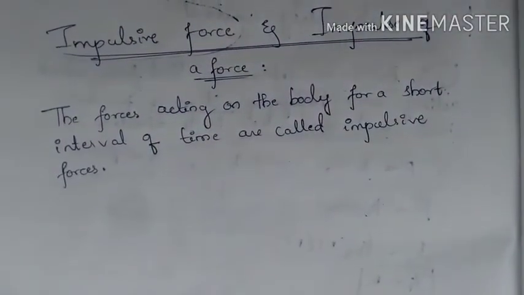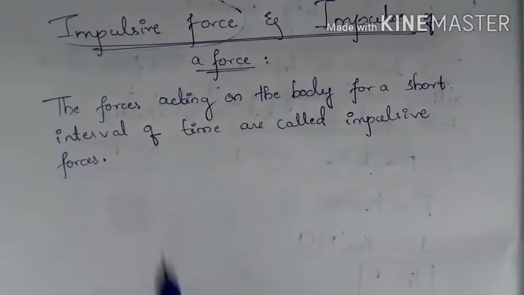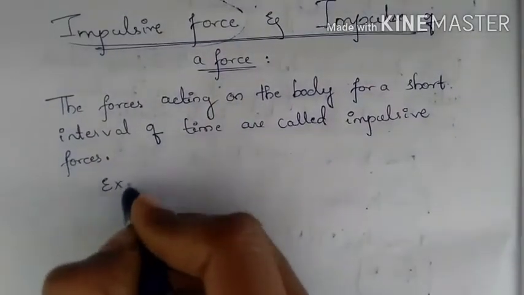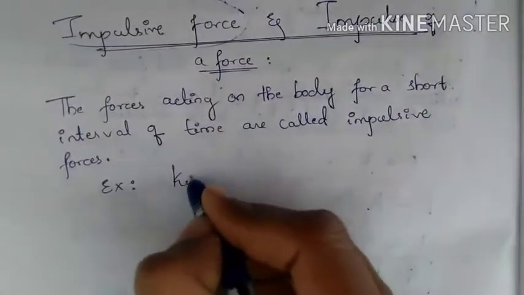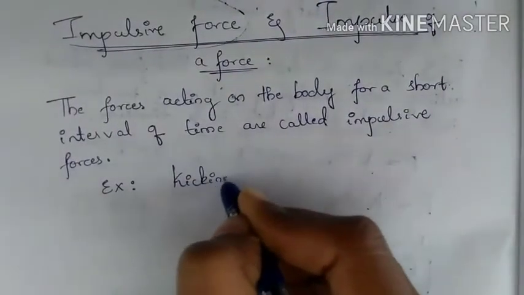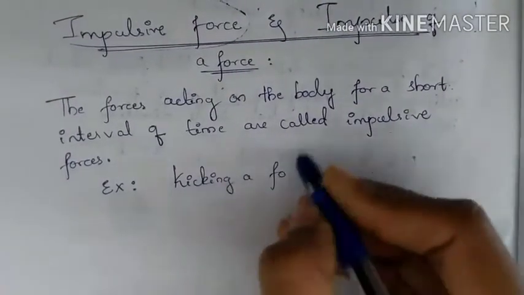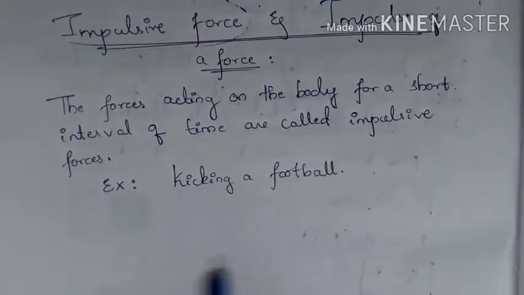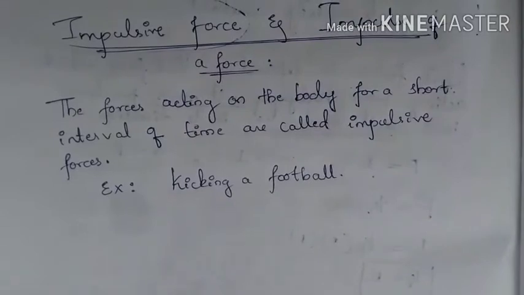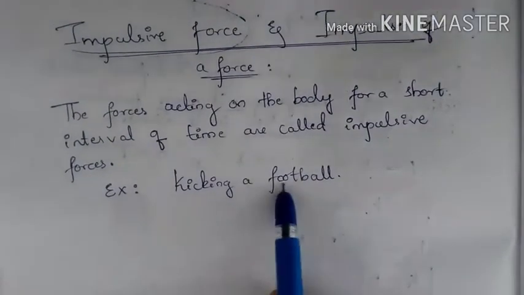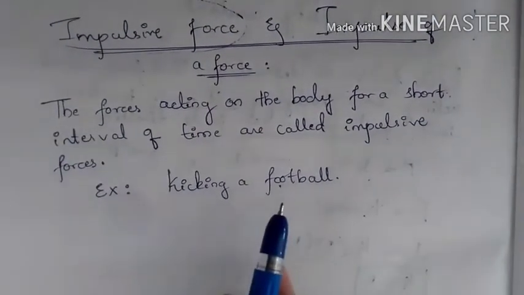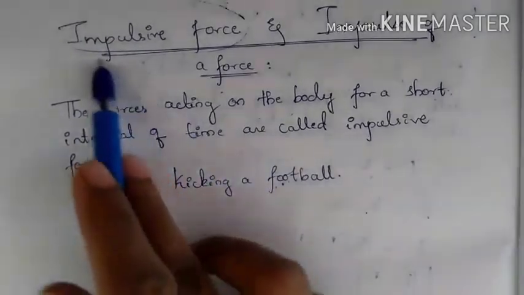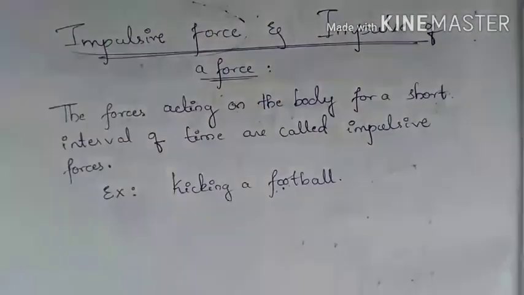An example of impulsive force would be kicking a football. In this example, you are giving a large force on a football for a very short period of time. There the ball experiences the impulsive force.